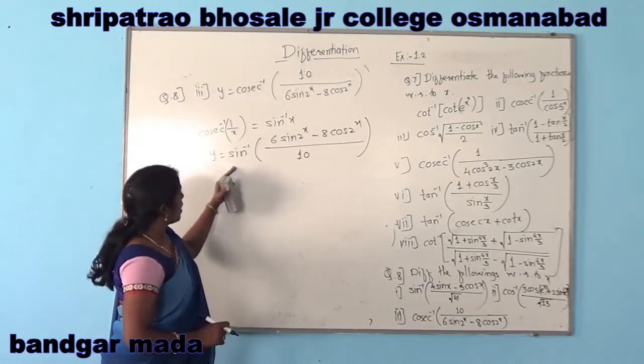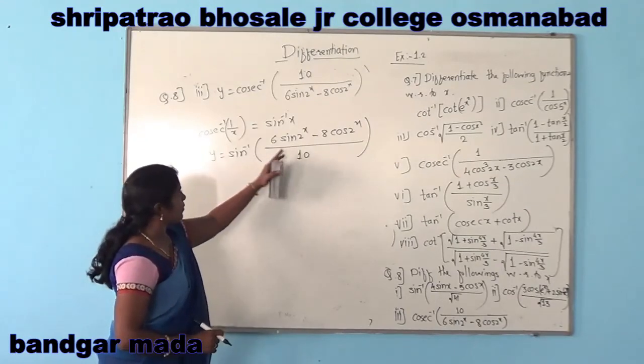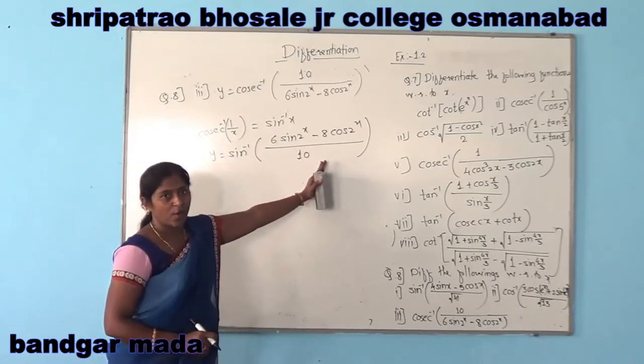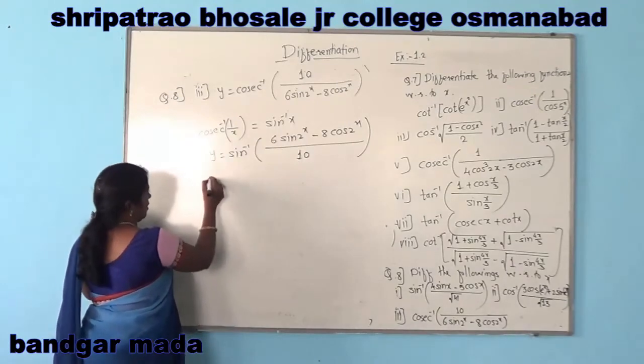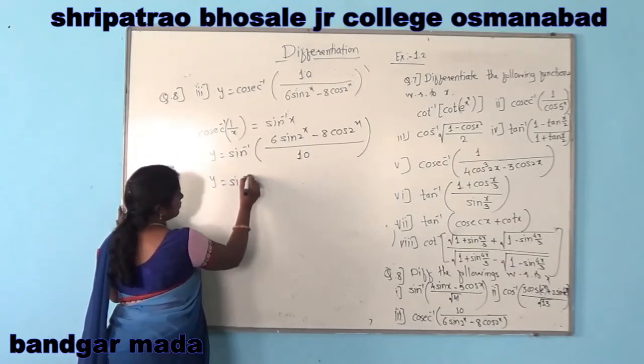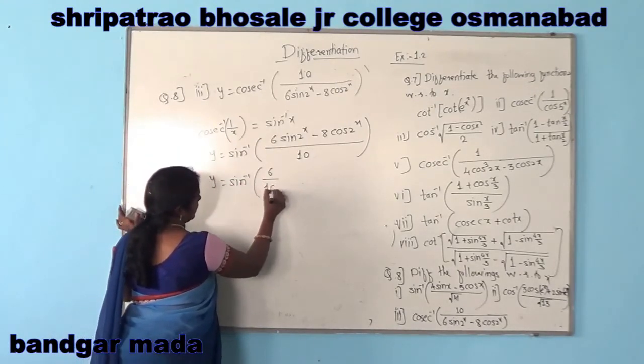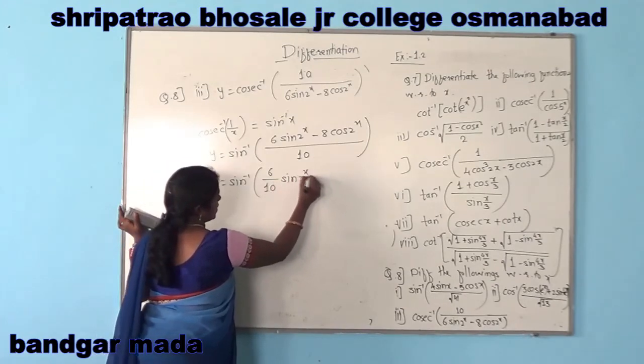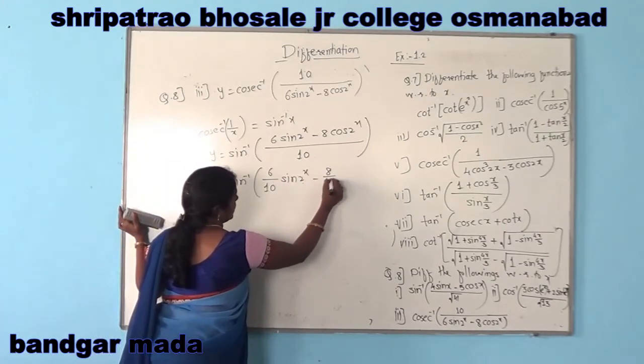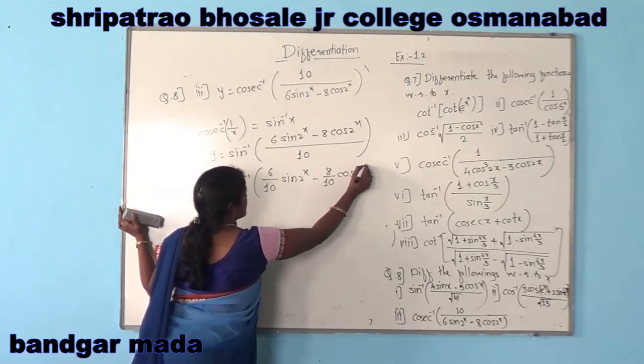Again, we have solved the previous example. We split this denominator and then simplify. Now we are going to simplify this: sin inverse of 6 by 10 sin of 2 raised to x minus 8 by 10 cos of 2 raised to x.